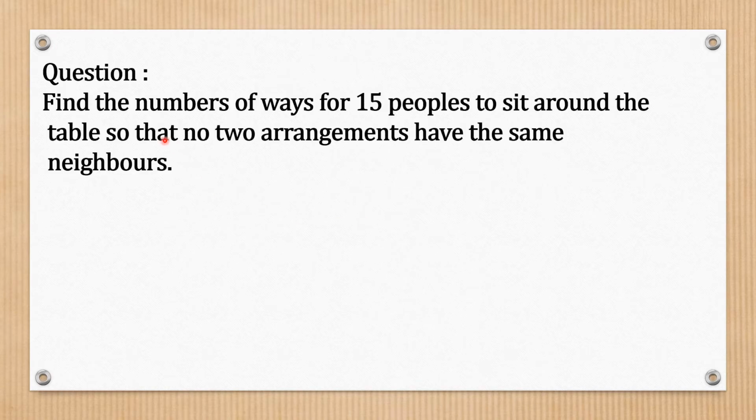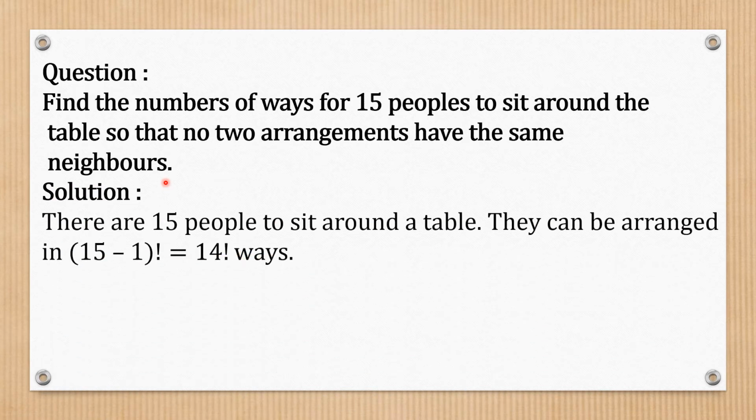Find the number of ways for 15 people to sit around the table so that no two arrangements have the same neighbors. So let's see the solution. There are 15 people to sit around a table. They can be arranged in (15 minus 1) factorial, which equals 14 factorial ways.